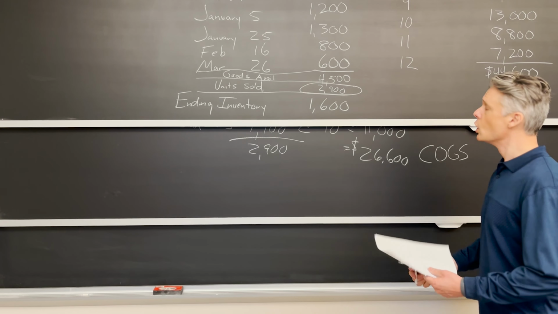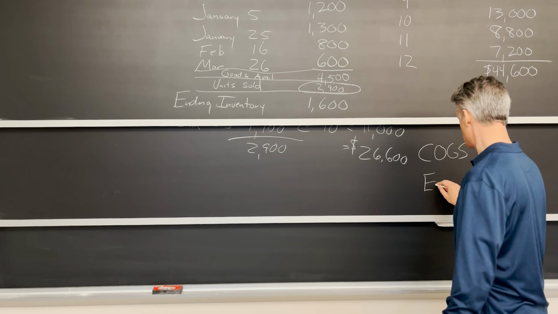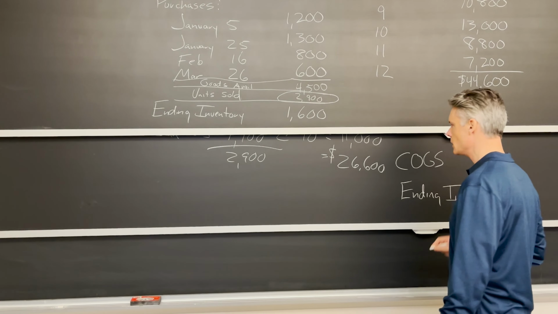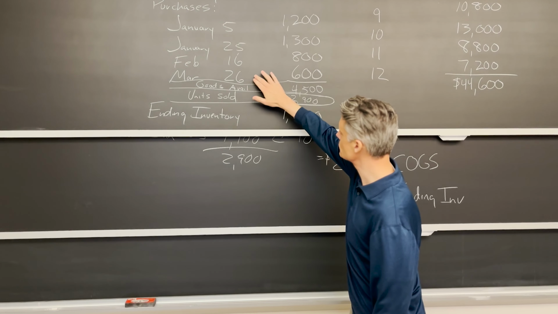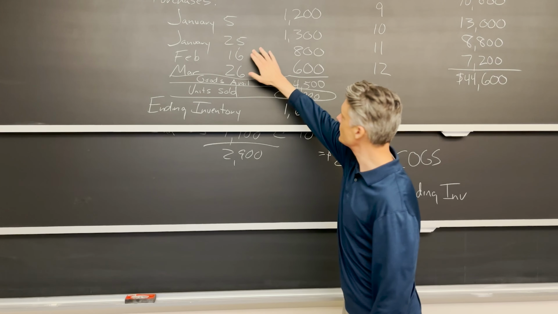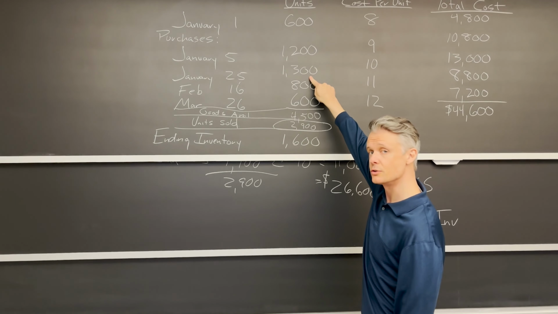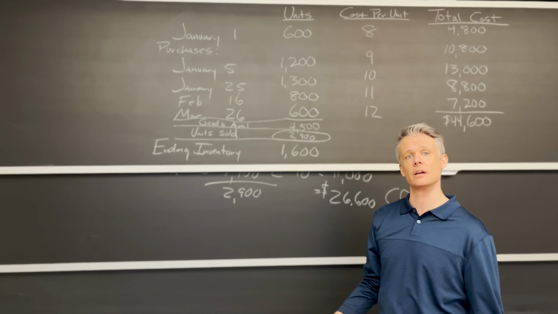Now, to calculate ending inventory, which is what I want to get to under FIFO, we could say, okay, I'm going to take this March layer, do the math, the February layer, we'll do the math, and then I'll take the 200 remaining that we didn't sell from this layer and do the math. That's going to give us our ending inventory.